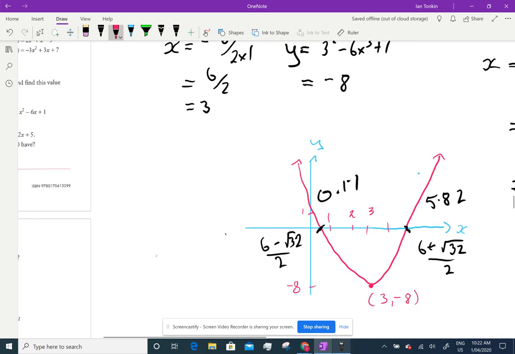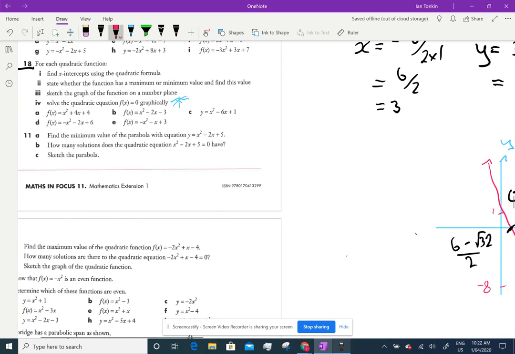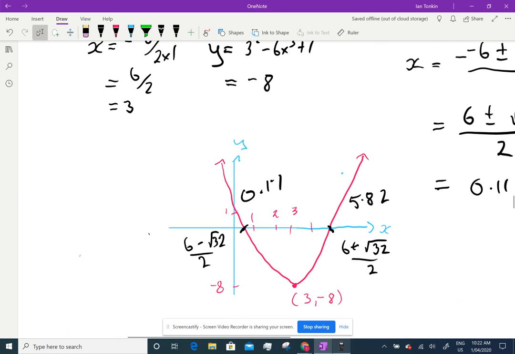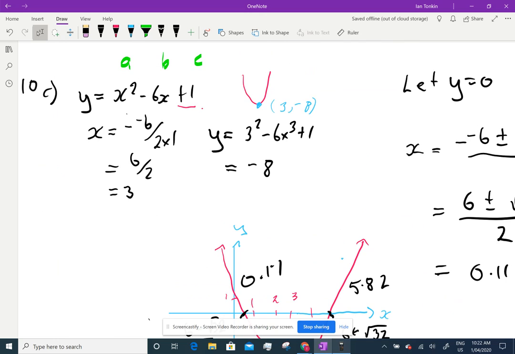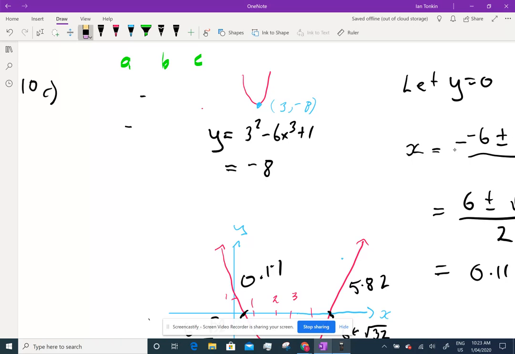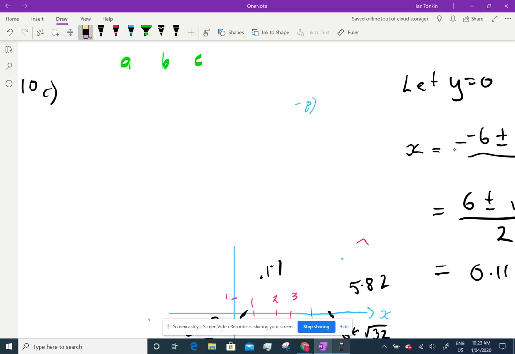All right. So I said I'd do one more, and I think I said I'd do E. So let's have a go at E. And that's, remember, your 4 steps. Is it positive? What's the y-intercept? What's the vertex? What are the roots? So here we go. Question 10E. We'll do a negative one. And you need to practice these. You need to do lots and lots.